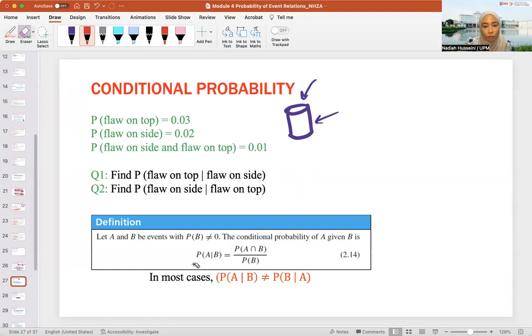Let's use this equation that we already learned about conditional probability. So find P flaw on top given flaw on the side.